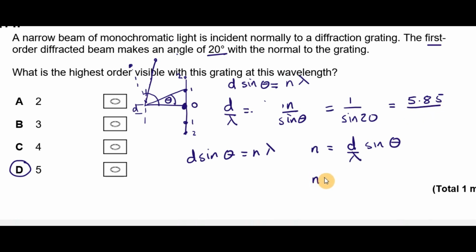So n is equal to 5.85 times sine 90 degrees. Sine of 90 degrees is 1. So n is equal to 5.85.